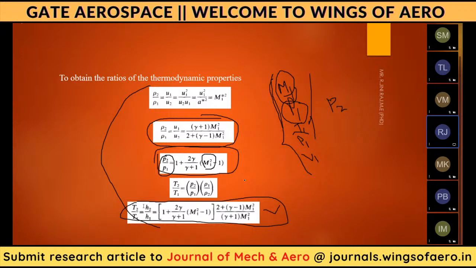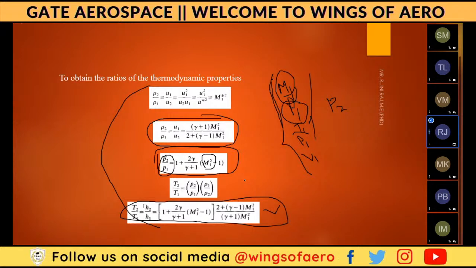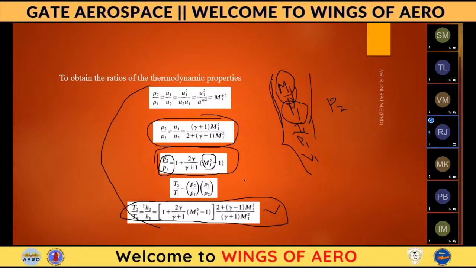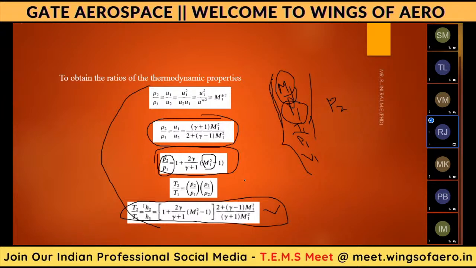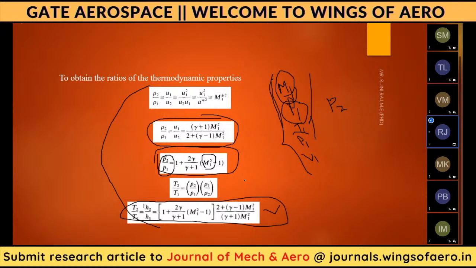Yes, Mach number. So for the normal shock, the temperature ratios, pressure ratios, and density ratios are a function of Mach number alone, not gamma, because gamma is a constant value, so we won't consider that. So the pressure ratios, temperature ratios, everything is a function of Mach number only. Therefore, a normal shock is a function of Mach number only.